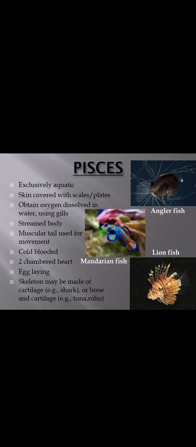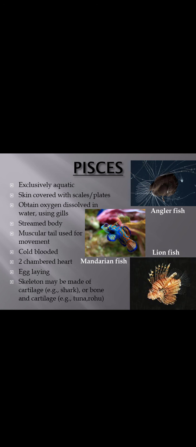Coming to pisces, it is exclusively aquatic. The organisms are mostly aquatic and the skin is covered with scales. If you look at the fish, you can see how the structure looks. It has scales on the body which help in movement, or these scales are otherwise called plates also.